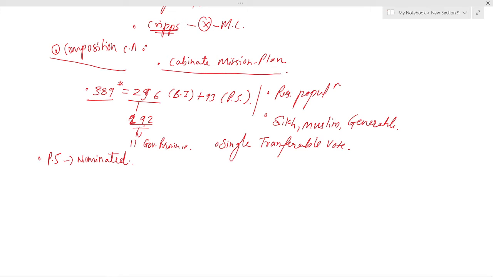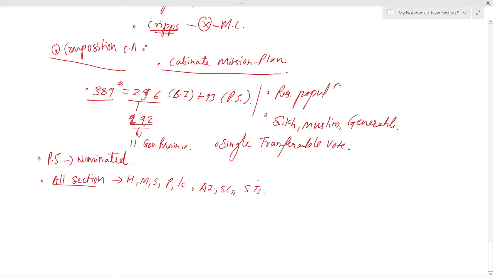The assembly comprised representatives of all sections of society, which includes Hindus, Muslims, Sikhs, Parsis, Indian Christians, Anglo-Indians, scheduled castes, scheduled tribes, including women of these sections.